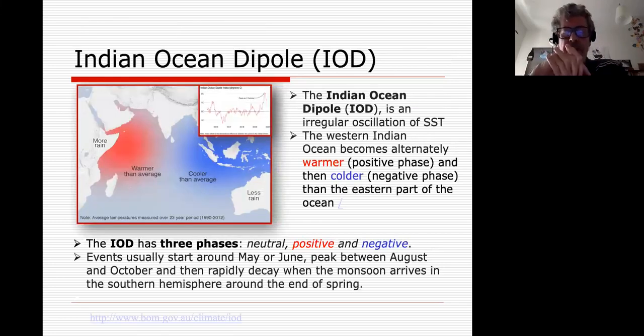Let's continue to discuss the internal variability of the ocean. Last lecture was largely devoted to the El Nino ENSO pattern.